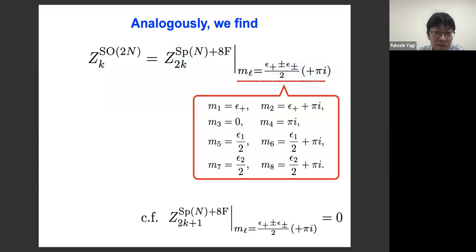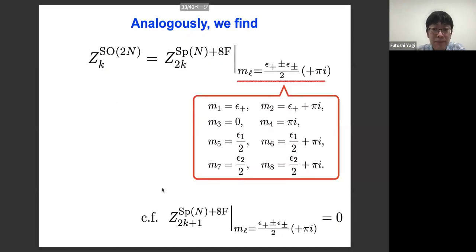And we also observe that the odd instanton for SP with 8 flavor simply vanishes if we tune the mass in this way. Therefore, the all-order partition function, the full Nekrasov partition function, also agrees. But the correspondence is non-trivial, like k instanton and 2k instanton correspond between SO and SP. This is the observation.